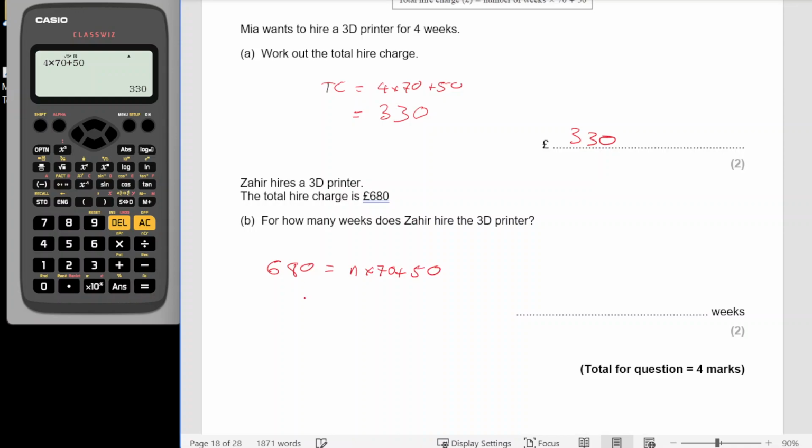So to solve that, I'm going to minus 50 from both sides first of all. That would give me 630 is equal to, I'll keep it like that. And then I want to divide both sides by 70 to get rid of the times by 70. So that's going to be 9. 9 weeks.